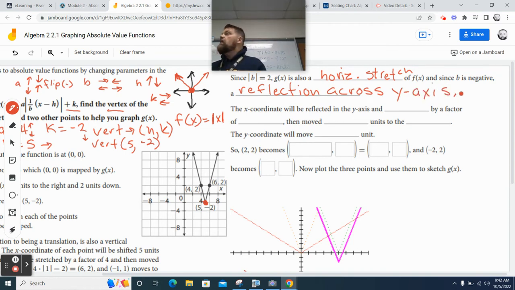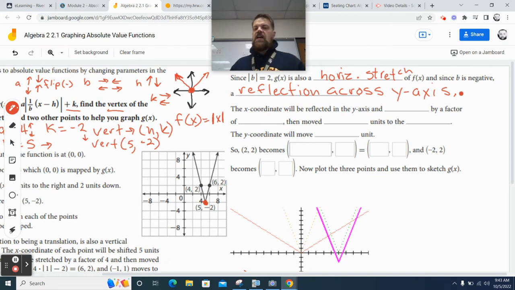So let's talk about that. Remember that A is the reflection across the x-axis. B is the reflection across the y-axis, which is interesting because the reflection across the y-axis on an absolute value function doesn't necessarily change a whole lot with regards to the symmetry of the function.